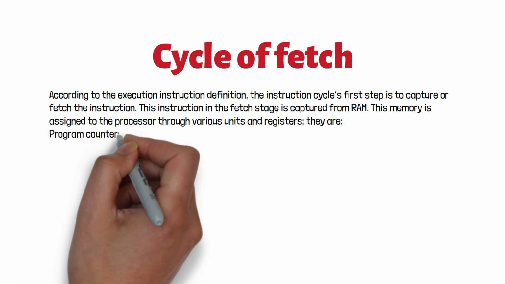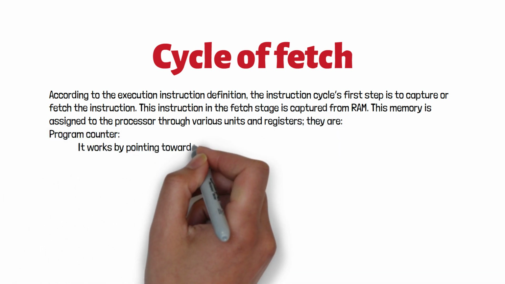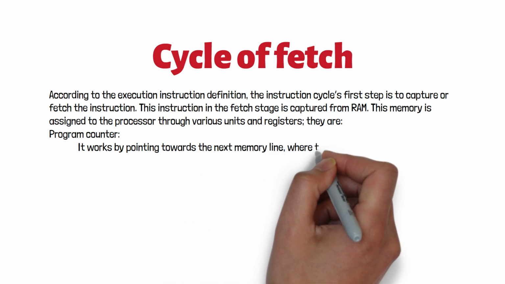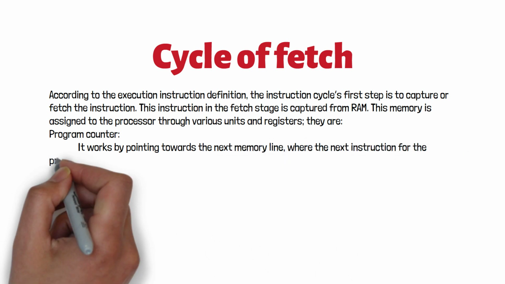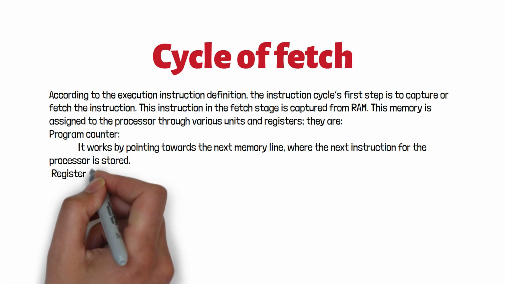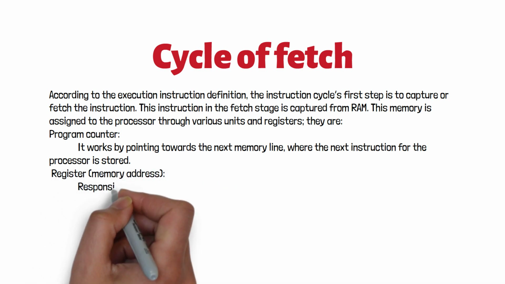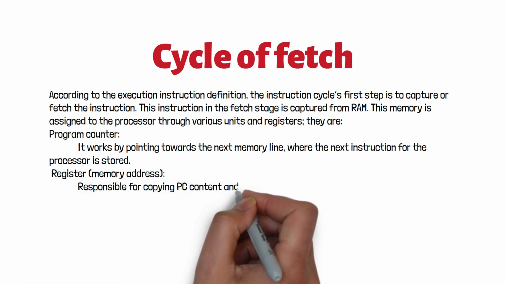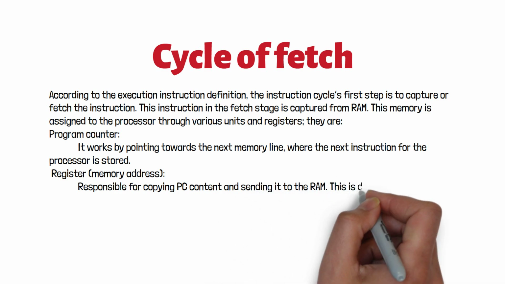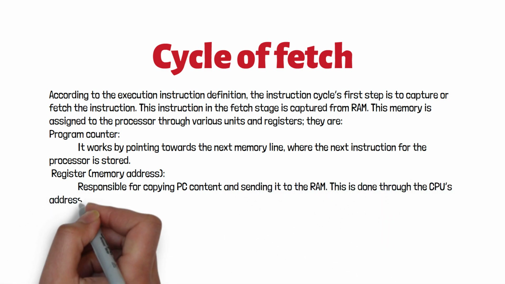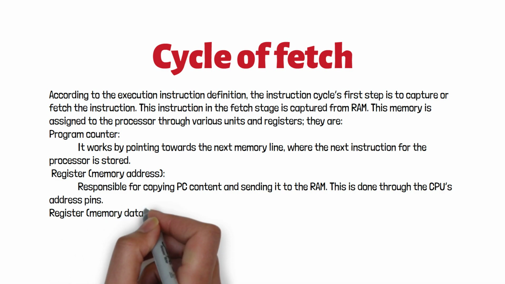The first one is the program counter, whose work is to point towards the next memory line where the next instruction for the processor is stored. The second one is the memory address register, also called MAR, which is responsible for copying content and sending it to the RAM.